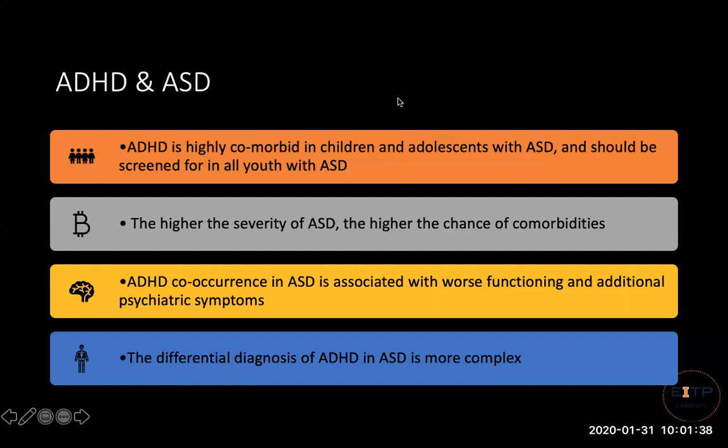So, ADHD and autism. ADHD is the highest psychiatric comorbid condition in kids with autism. And the higher the severity of autism, the higher the chances of more comorbidities. Something we need to keep in mind is that ADHD co-occurrence in kids with autism makes their function worse.